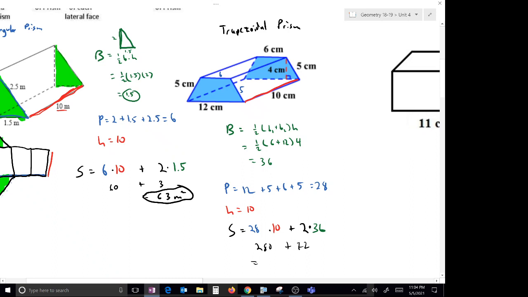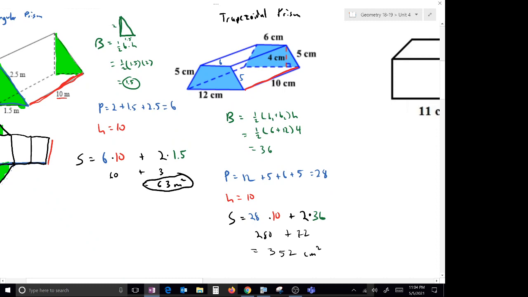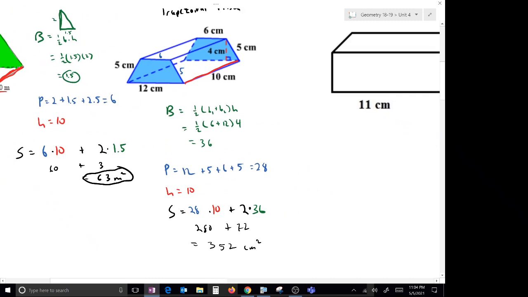You can use a calculator, of course, to do all this work. That's going to be 352. That would be square centimeters. Okay. All right.